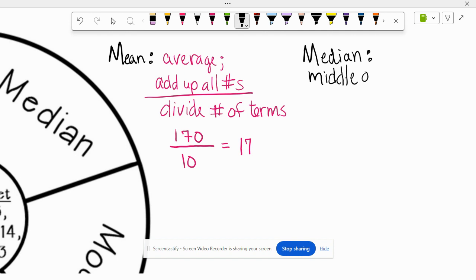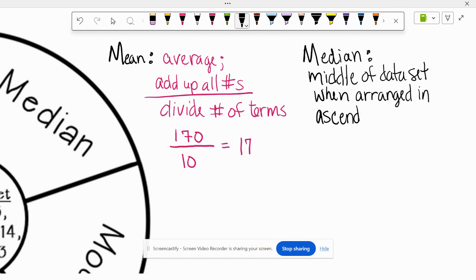middle of the data set when arranged in ascending order. Now, I specifically use the word ascending because that's the word that they typically use on our tests, and we don't ever know what that means.